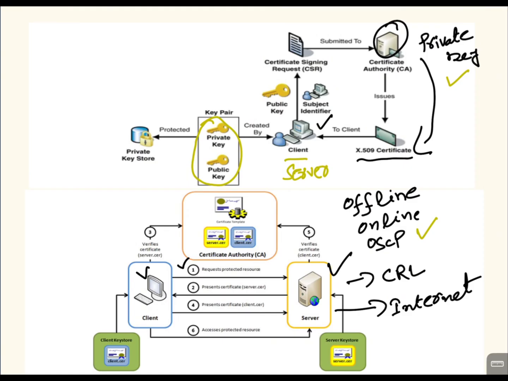But once the handshake is completed, they will switch to symmetric encryption, so they will use the same session key in order to transfer the data. Symmetric encryption is much faster for large data transmission. The same session key is used for encryption and decryption for data transfer, and that will be very efficient.